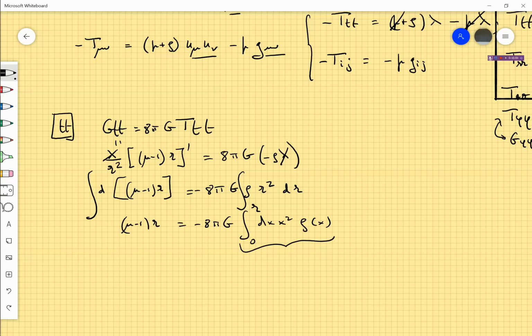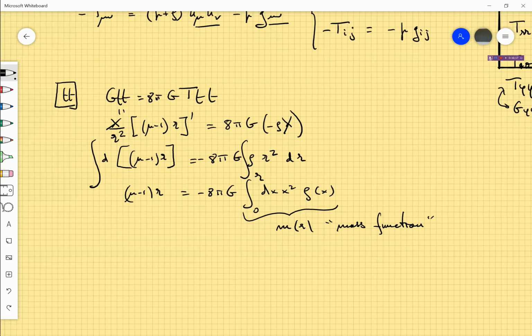This integral gives you something called the mass function, because of the role it plays in the solution. In fact, this gives you that mu minus 1 is equal to minus 8 pi, divided by 4 pi, because this is supposed to be a volume integral, and you would also have to integrate over theta and phi, which is the solid angle, 4 pi.